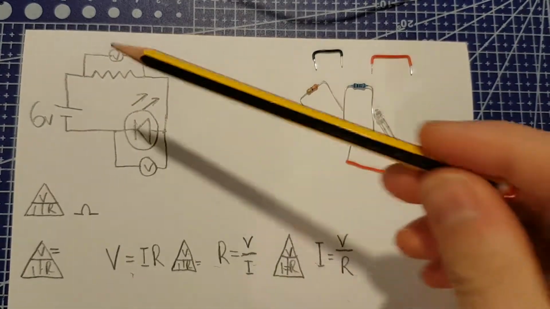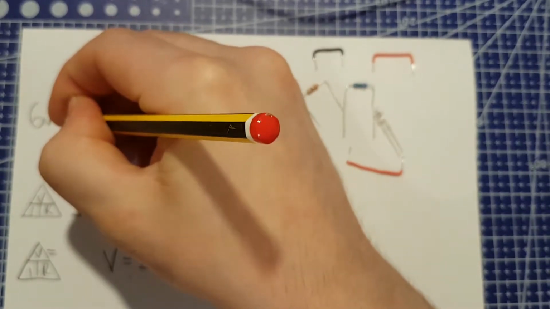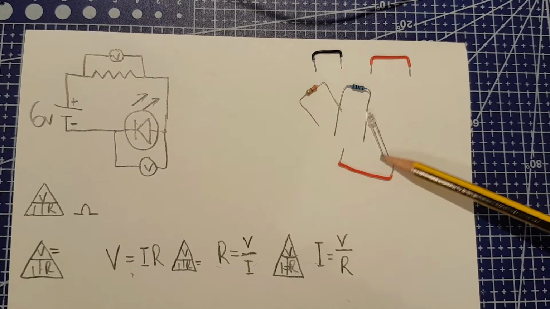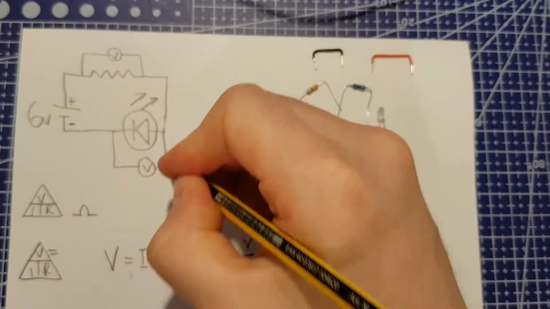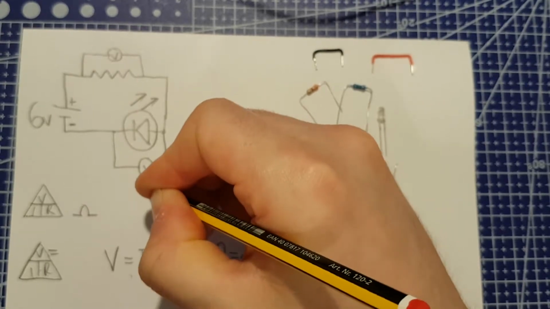Now in a series circuit, all of the voltage adds together, and the total is the voltage of your power supply. So the circuit that we're going to be building, the LED happens to be a white LED with a forward voltage of 2.85 volts. So we already know this value. This is going to be 2.85 volts.